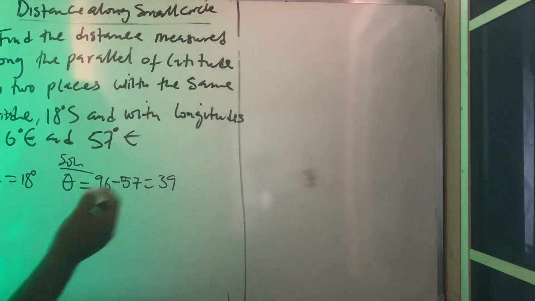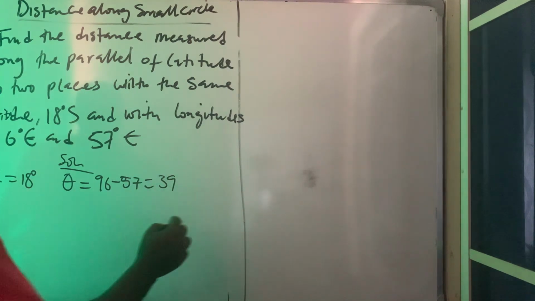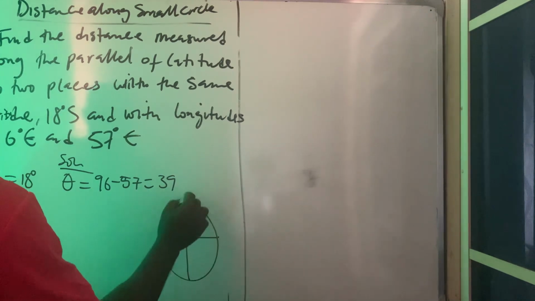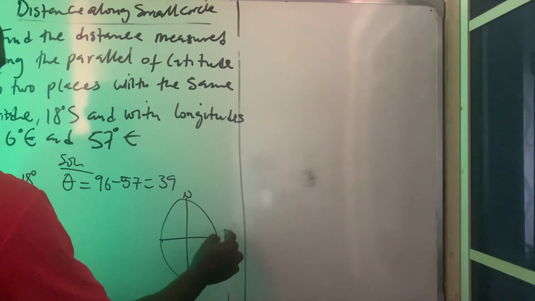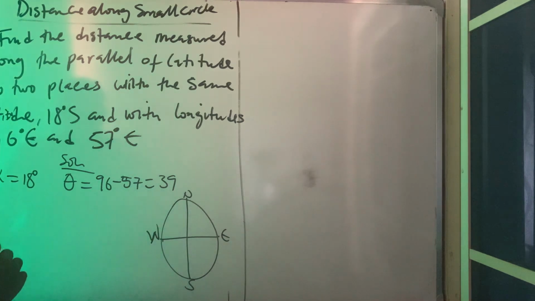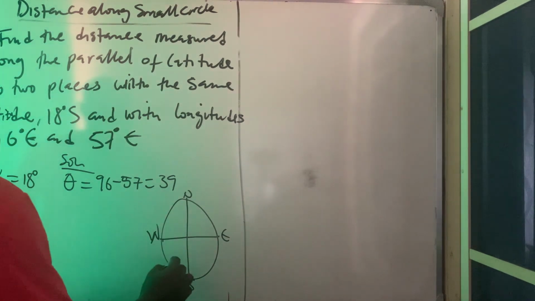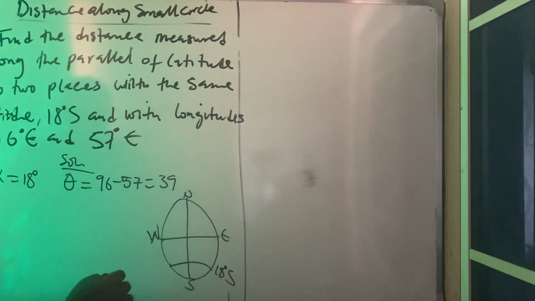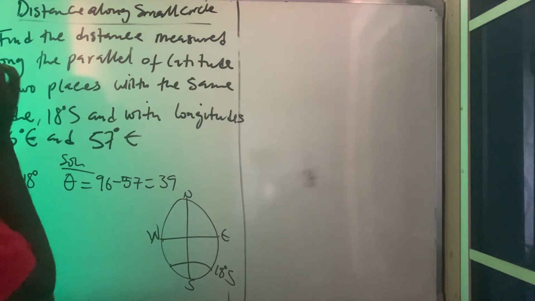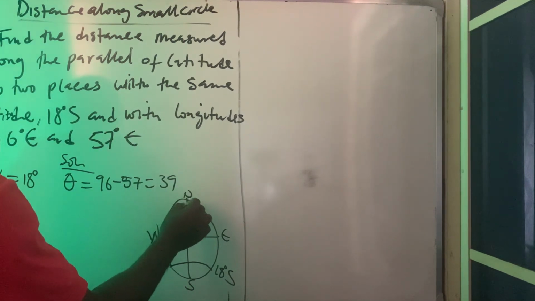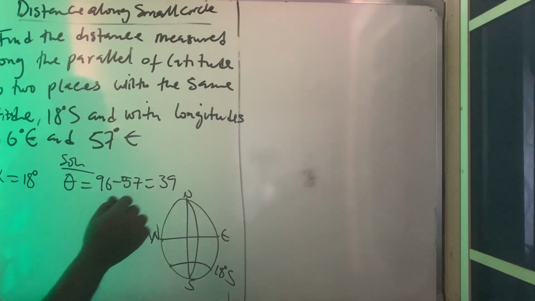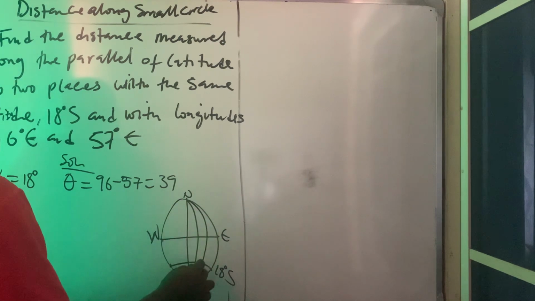Even if you don't want to draw it, let us draw it to help illustrate it very well. You draw your cardinal points: north, south, east, and west. The first one is 18 degrees south, facing down, and the other one is east.